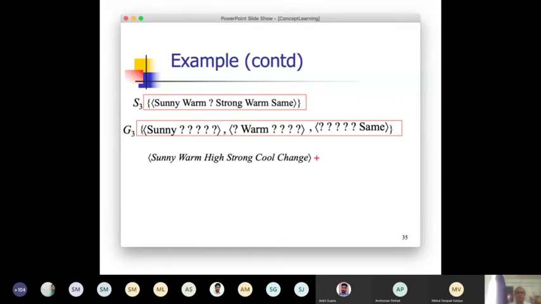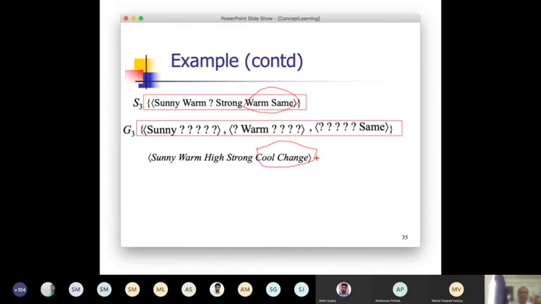So there you need to put two question marks, but then the problem that you see is in G3, so this is the question. So this change will contradict these two, and you need to generalize them.